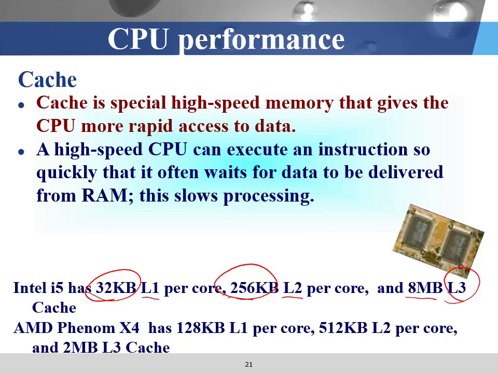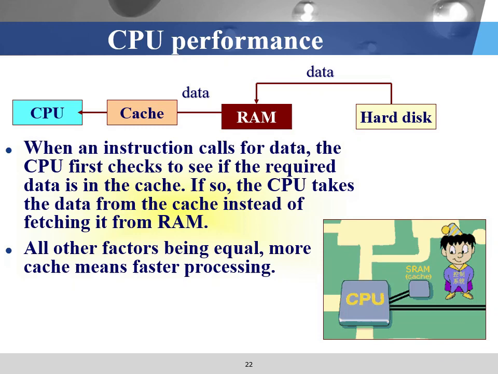And here shows you the AMD CPU. It also has 3 levels of cache. So when an instruction calls for data, the CPU will first check to see if the data is located in the cache. If the data is in the cache, the CPU will take the data from the cache instead of the memory. So here the RAM means the primary memory, the main memory.